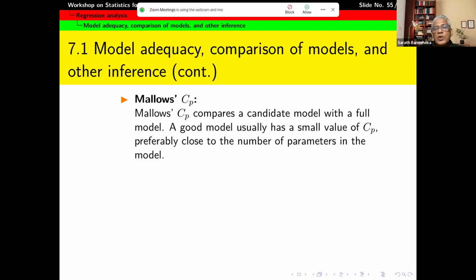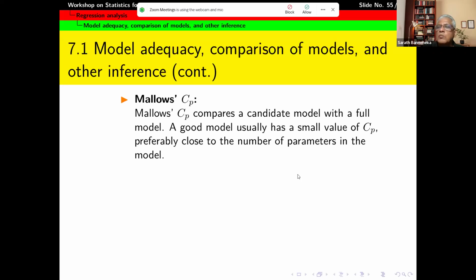So a good model usually has a small value of Cp, preferably close to the number of parameters in the model. So the criterion to look at is whether the Cp value is close to the number of parameters in your model. Suppose, for example, the number of parameters in your adequate model is 3, then if the model is good, you expect Cp to be close to 3.